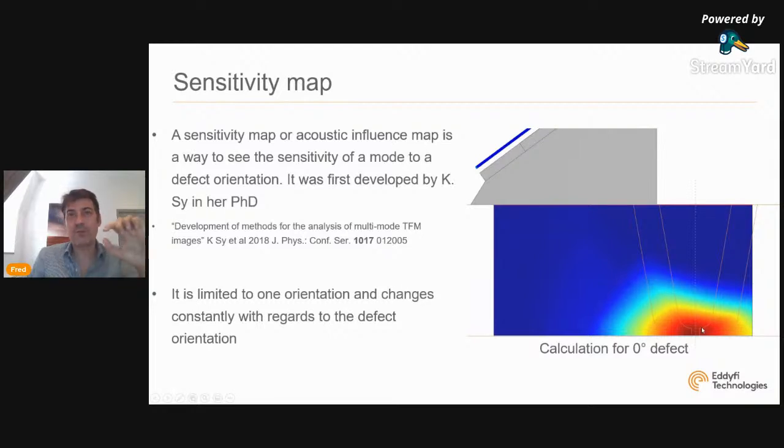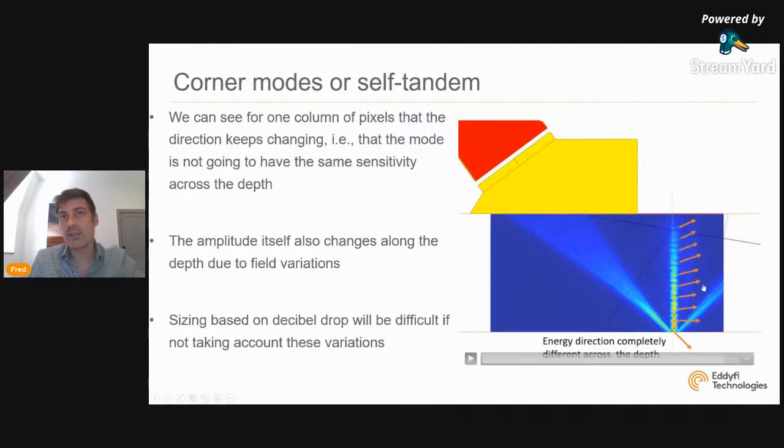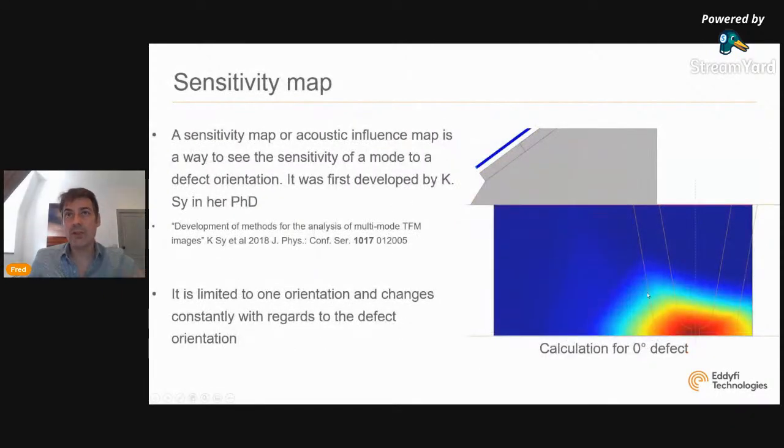Like if we had a vertical defect right here, we'll have a pretty good signal-to-noise ratio. But if the defect was up here, that mode would not be sensitive to it. Why? Because if we go back to this, the direction of energy is going this way, and we are looking at vertical defect, so we wouldn't have any specular echo. This is only one direction of defect. So this is very important to remember.